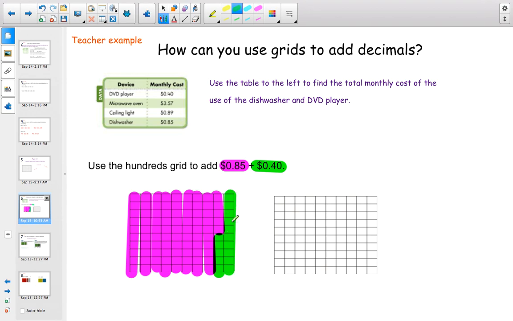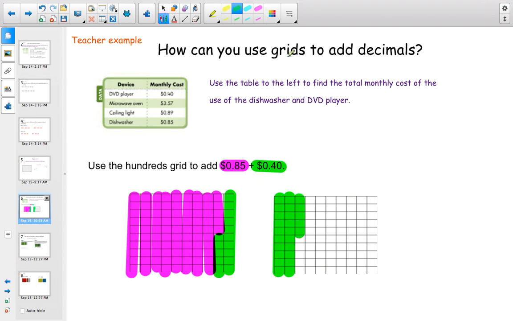So far I have 15 squares colored in. 16 through 25, then 26 through 35. Now I need 5 more: 36, 37, 38, 39, 40. So there I have my 40 squares colored in on top of my 85 squares colored in.